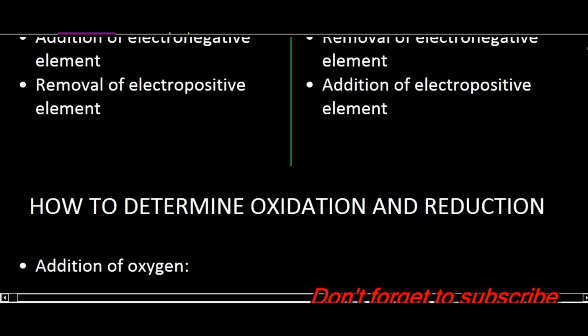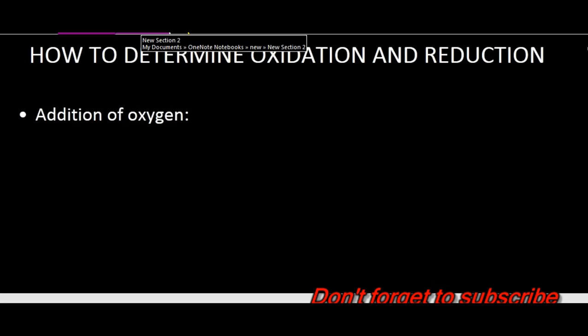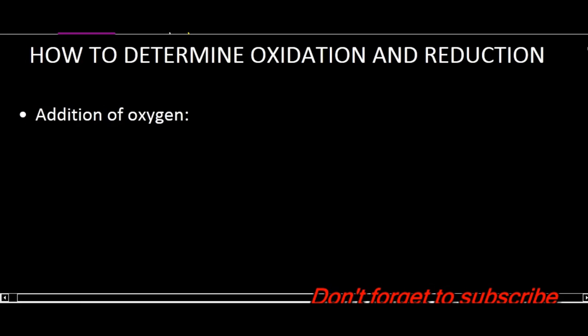Okay, now here is how to determine oxidation and reduction. I'm going to give you some examples. Just stick with me. Now, for when the condition is addition of oxygen, how to determine if a compound is undergoing an oxidation process or a reduction process. Let's say you have this chemical formula.